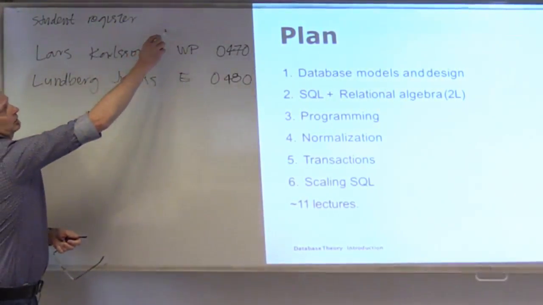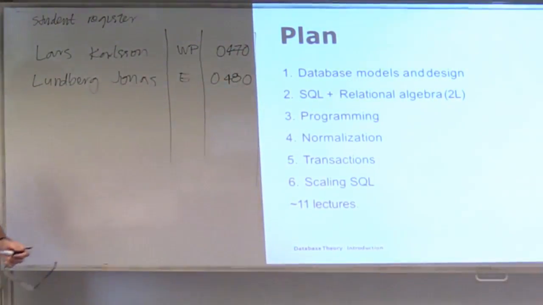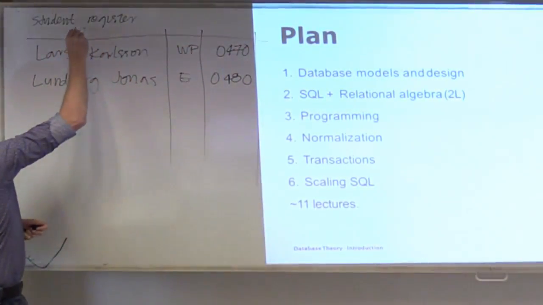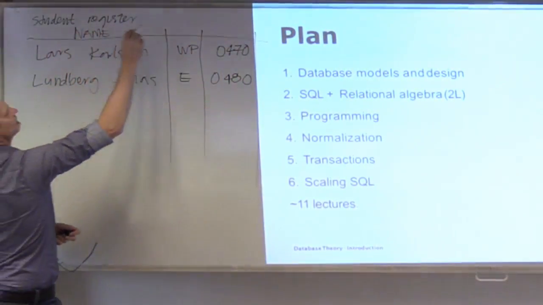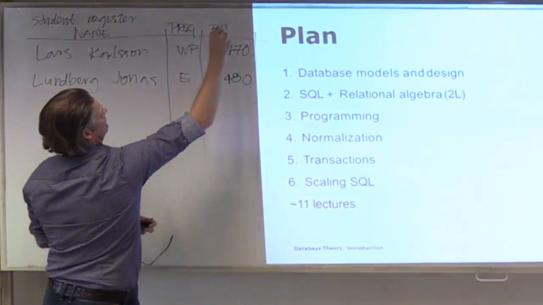And the second or the third thing is that we might start to add columns where you add properties, such as a name, and the program, and the phone number.